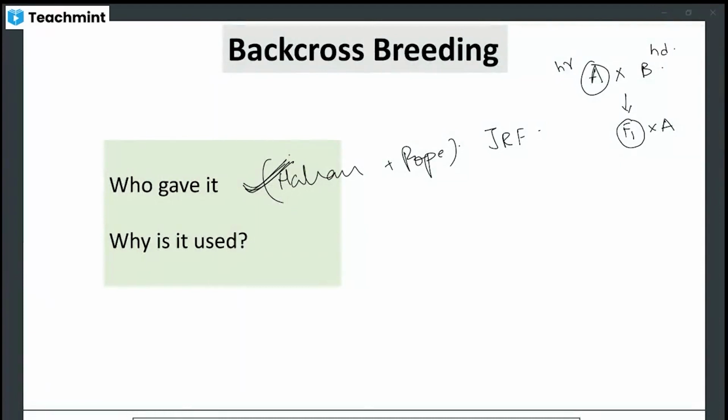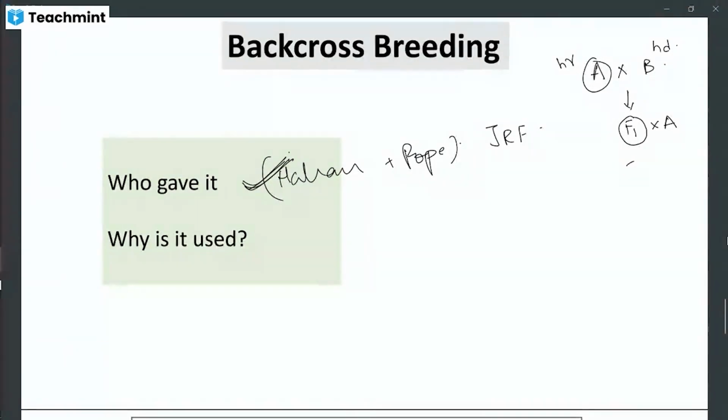Test cross, sir. Yes, it is known as test cross. If you cross F1 with B, what do you call this? This is known as backcross. Is it right?